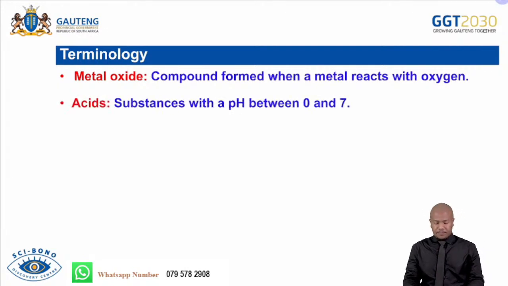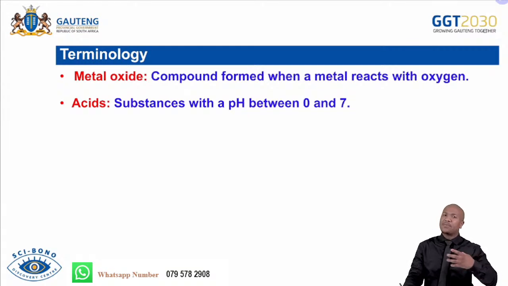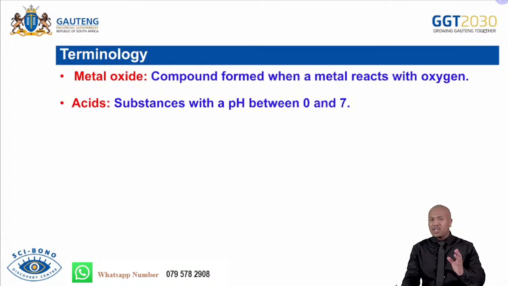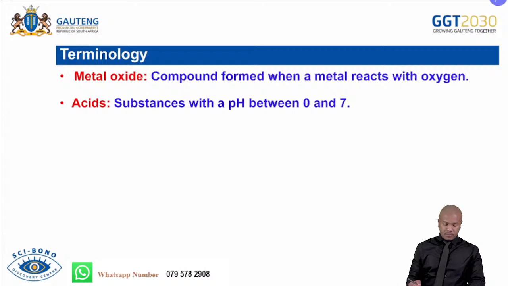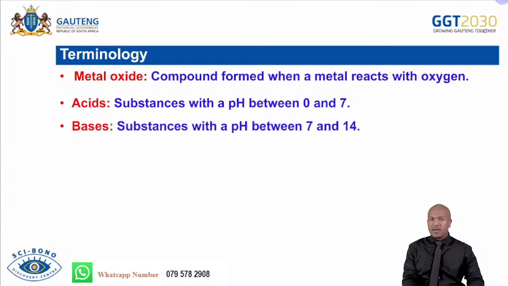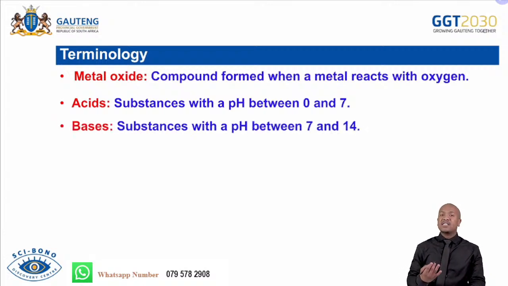Also, acids. An acid is a substance with a pH between 0 and 7. So it ranges from 0 to 7 on the pH scale to indicate what? Acidity. So it's any substance with a pH of 0 to 7 or between 0 and 7. A base. Now a base is a substance with a pH value of between 7 and 14.